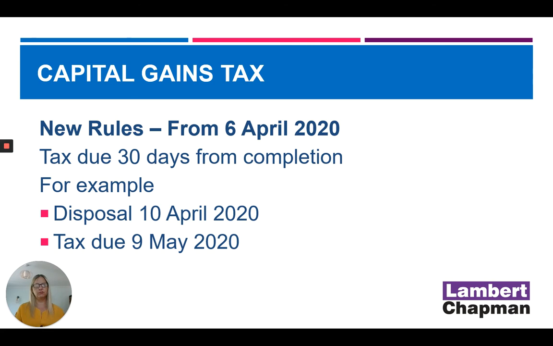Under the new rules, you must report this gain to HMRC within 30 days of completion and pay the tax, so by 9th of May 2020. Compare that to the last example, and if the property is sold just 9 days later, you have to pay the tax 8 months earlier.